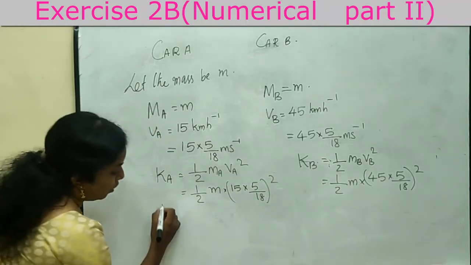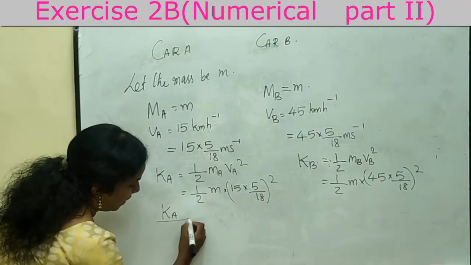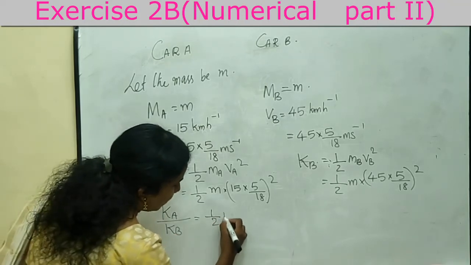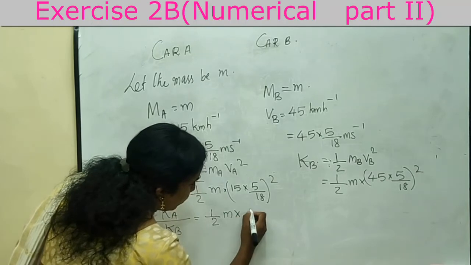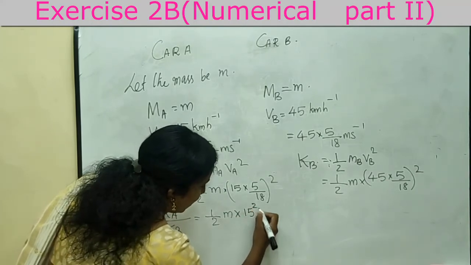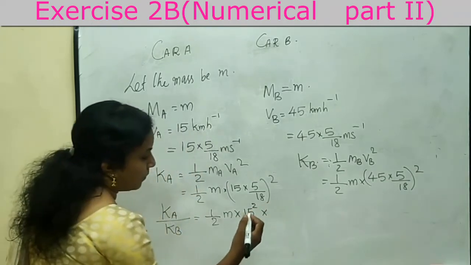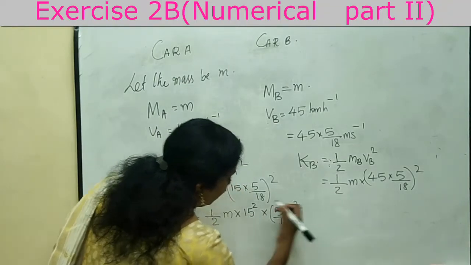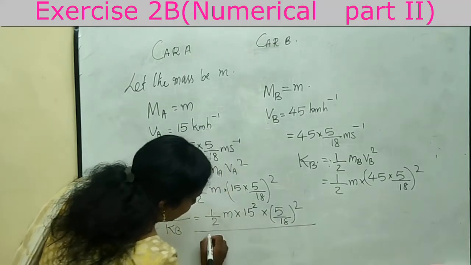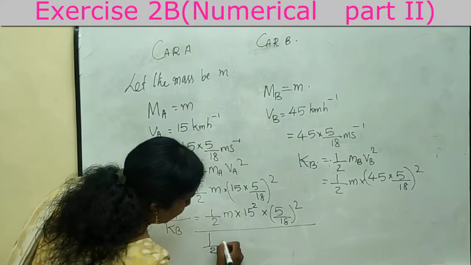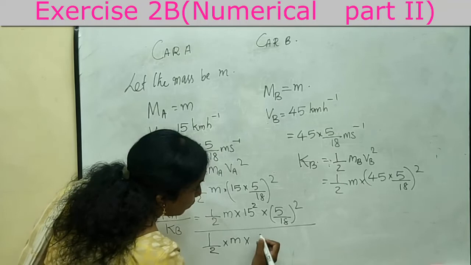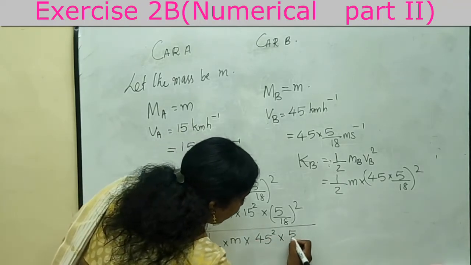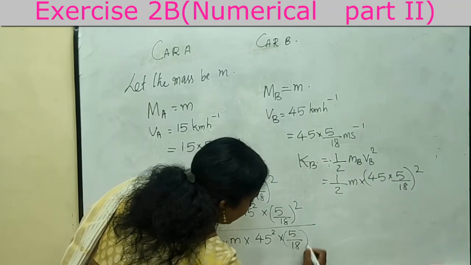Let's take the ratio. Kinetic energy of A by kinetic energy of B is equal to half m into 15 square into 5 by 18 square divided by half m into 45 square into 5 by 18 square.